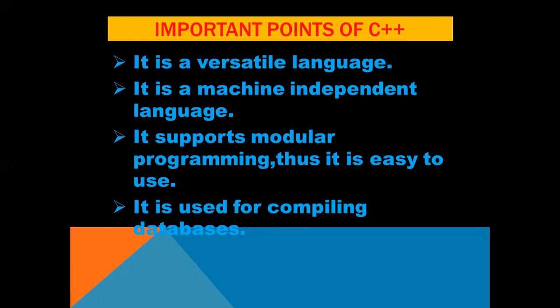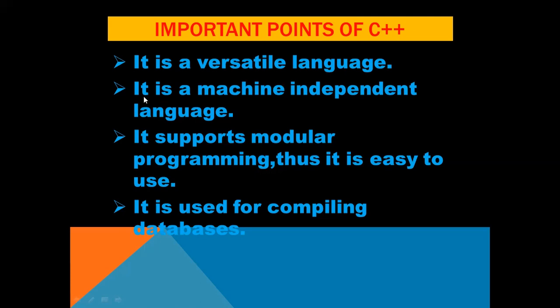It was basically derived from C. Now, how is it possible to write large programs with the help of C++? For that, I have already told you in the class that it has some important features. It is a versatile language. Versatile means it can be used in many different ways. It has many different uses, because of which it can write very large programs.